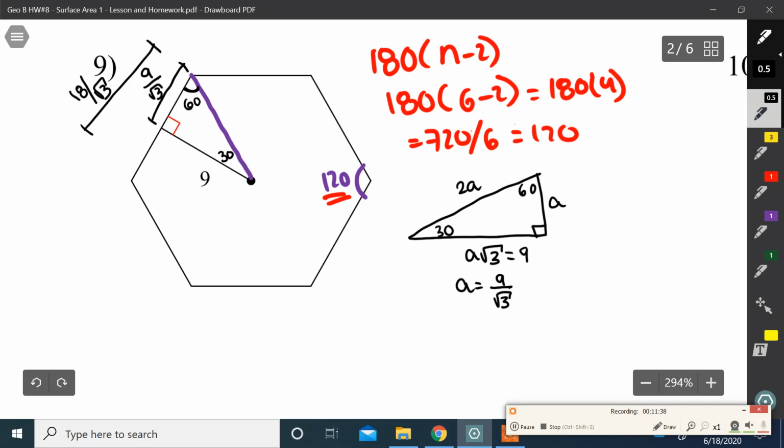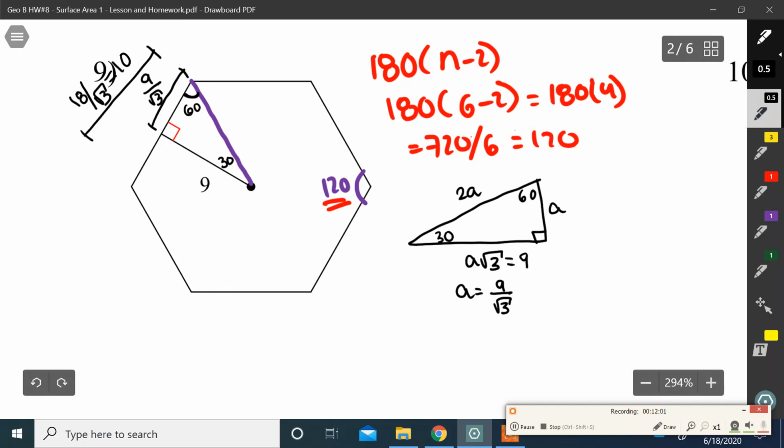Okay, let me actually get an actual decimal, because 9 divided by the square root of 3 is 5.19 times 2.